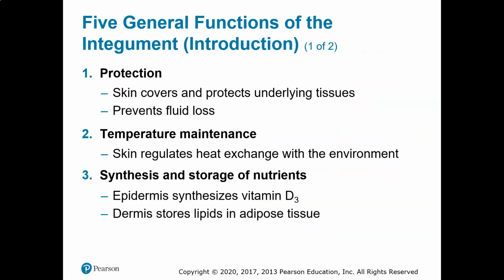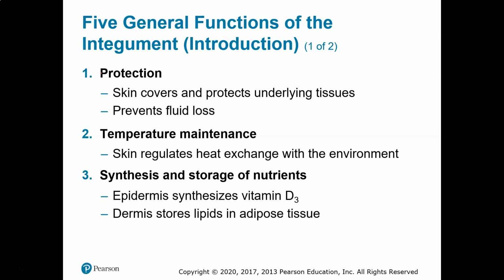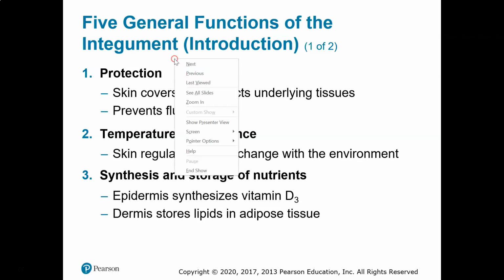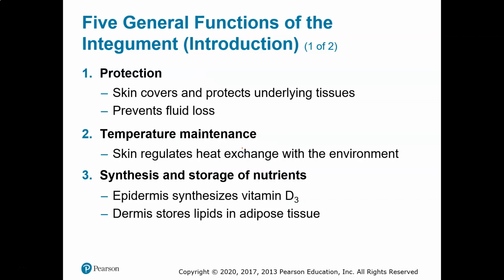There are five main functions of the integumentary system. One, of course, is protection. The skin protects the underlying tissues and organs in your body and prevents fluid loss. Temperature maintenance. The skin is able to help maintain temperature by sweating or by the blood vessels constricting and holding in heat whenever you're cold.